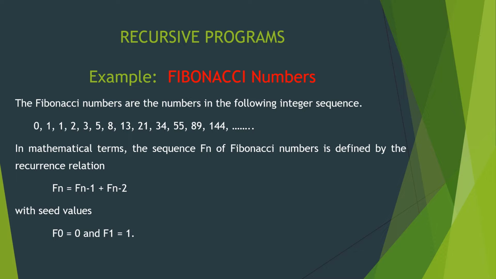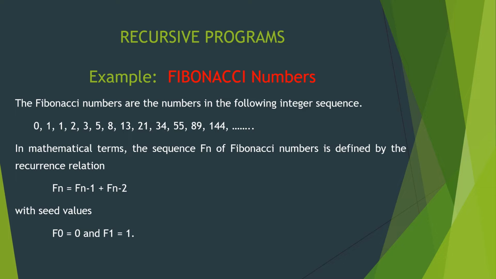Then the next element is generated by adding those two previous elements, that is 1 plus 2, which is 3. In this way we can keep generating Fibonacci numbers.